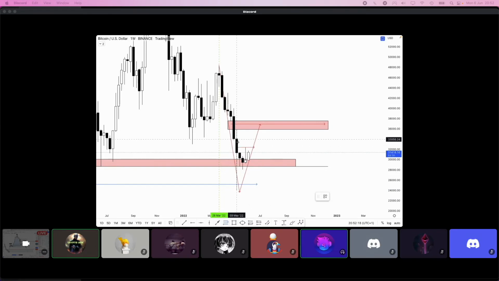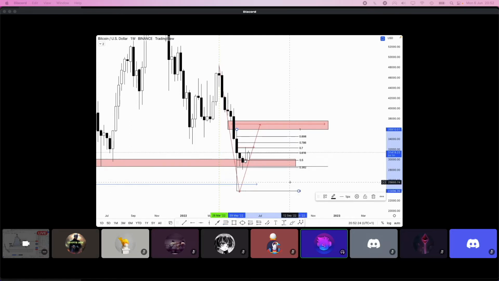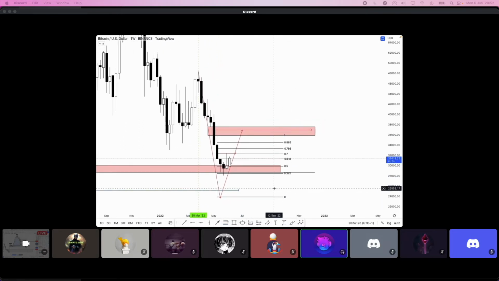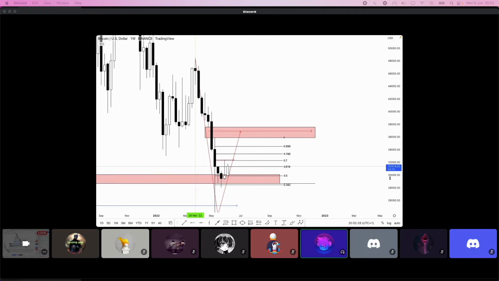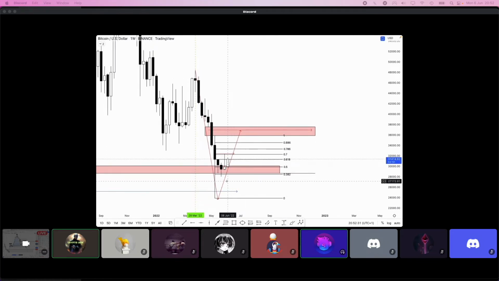So if we measure this candle now, which has also produced another imbalance, we've already pushed past 50%, 70%.